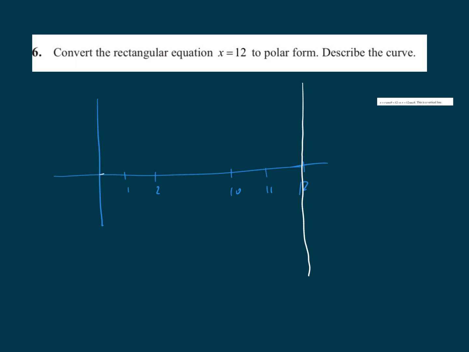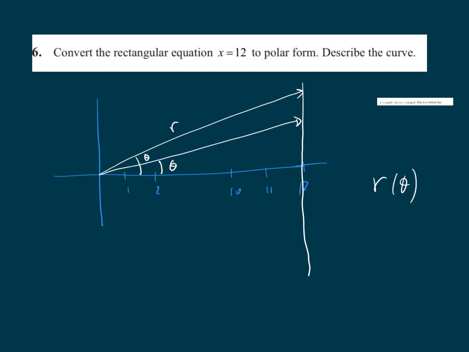What is r, the distance from the center, as a function of the angle theta? I need to find r of theta. What is the value of r as a function of theta? How will I know? Well, I know that x is r cosine of theta.